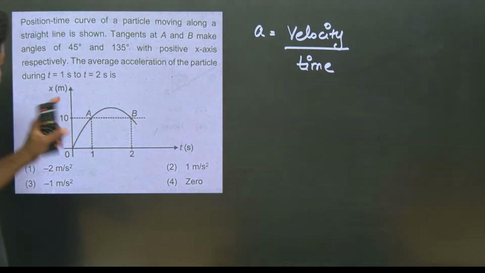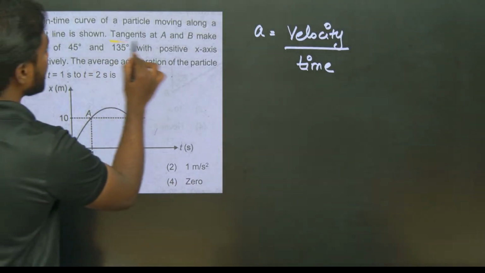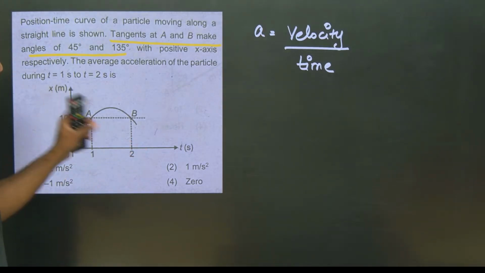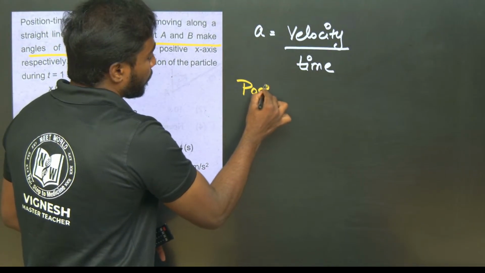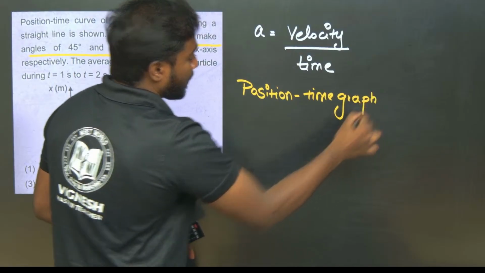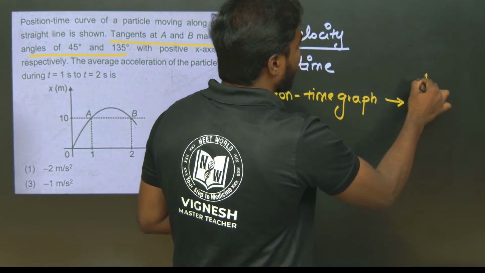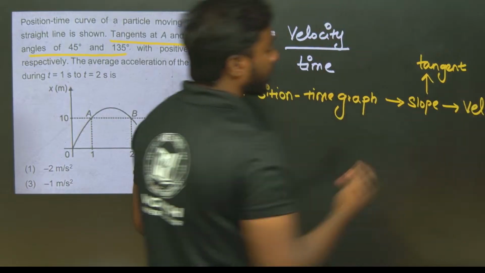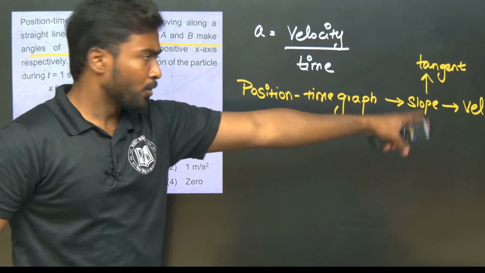They have given the tangents at A and B making 45 degrees and 135 degrees, and the graph given is the position-time graph. The slope of a position-time graph, which is nothing but the tangent, gives the velocity. So the velocity we can find.